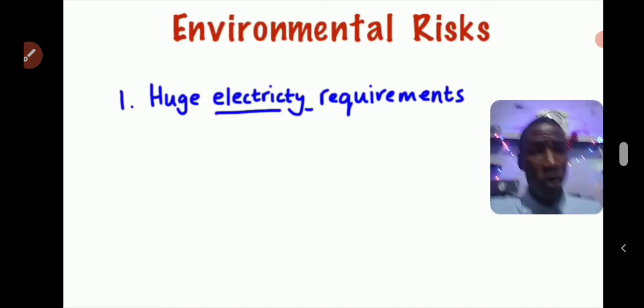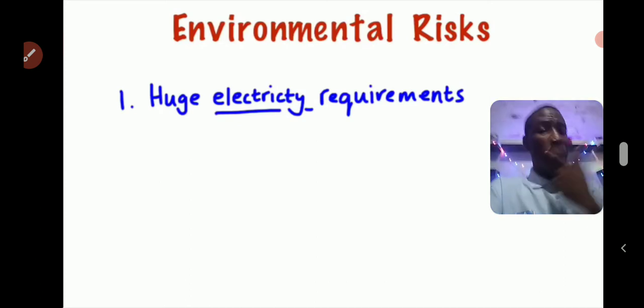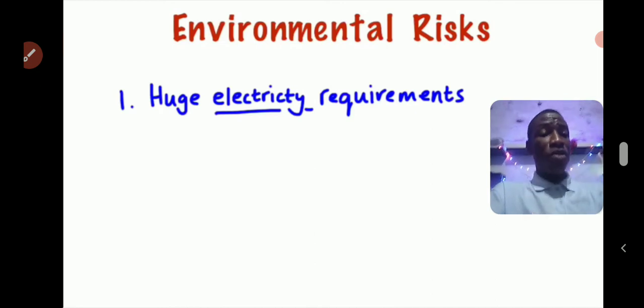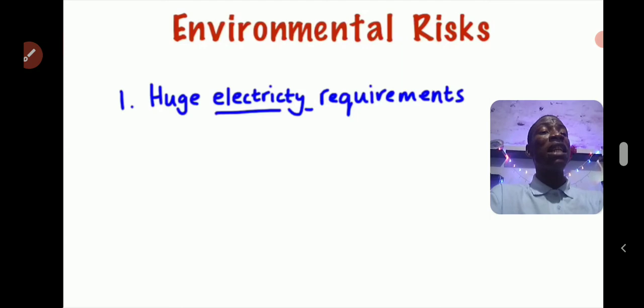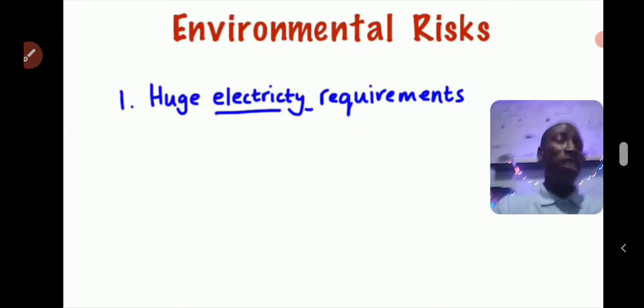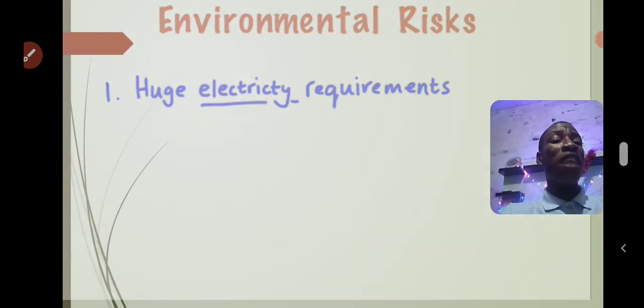So you have to continually run it without breakage. So it can only happen in countries that have stable and steady electricity. So that's number one disadvantage of that process.